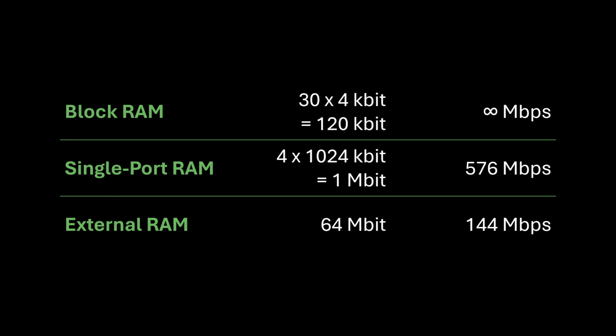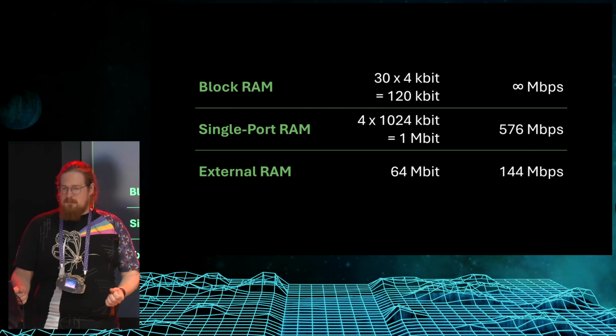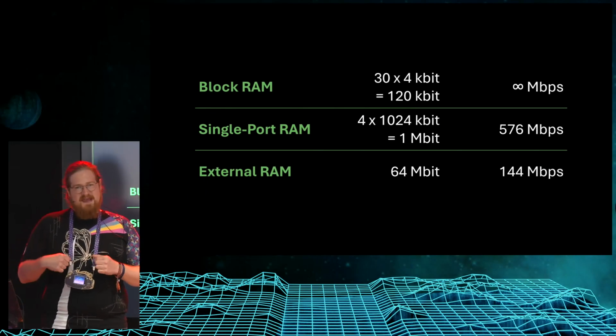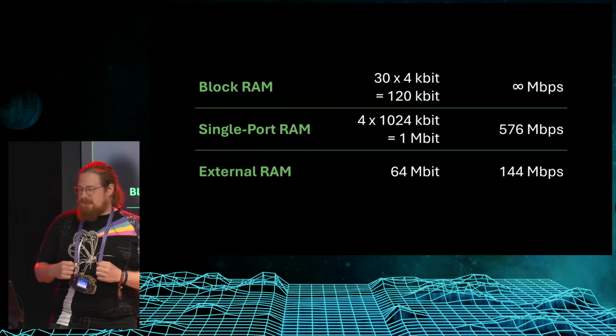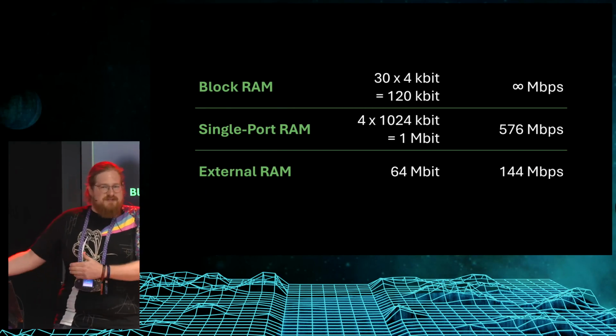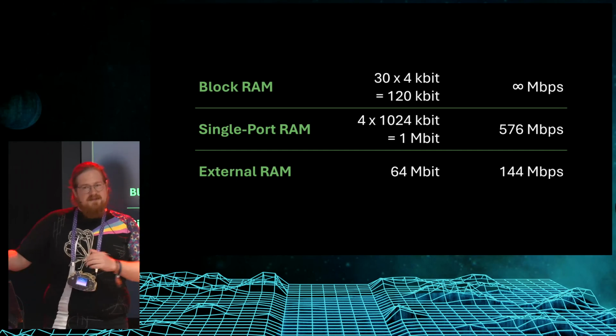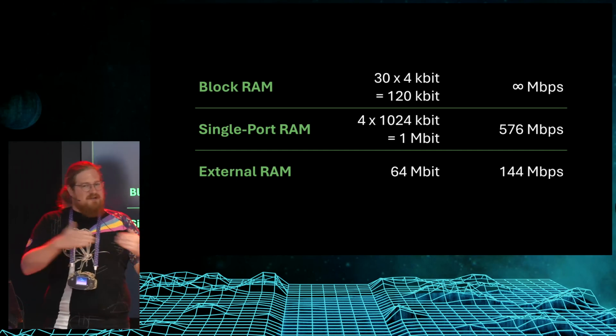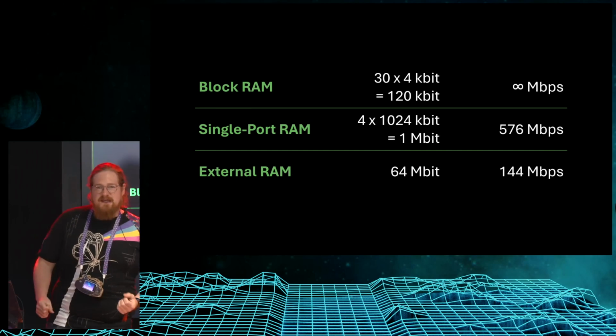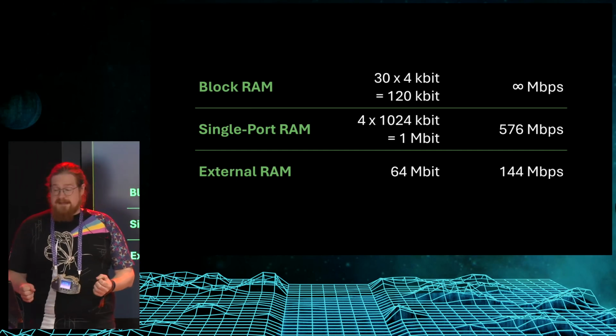And then on the badge itself, outside of the FPGA, we also have a little RAM chip. Really, really big, spacious, more than big enough to fit as many screens as we want, but it's connected via a serial bus, a quad SPI bus, and that's simply not fast enough to do what we want. It can't even meet reading and writing a frame once at 60 FPS.